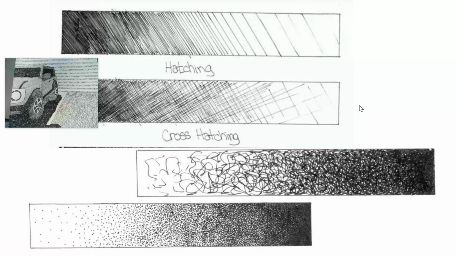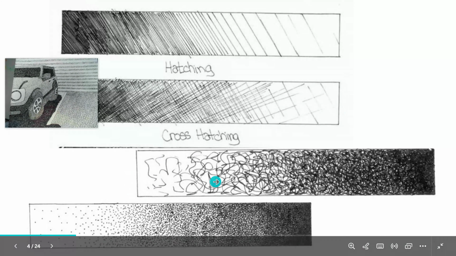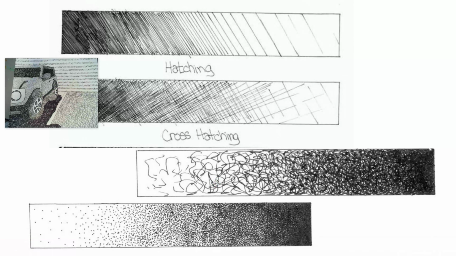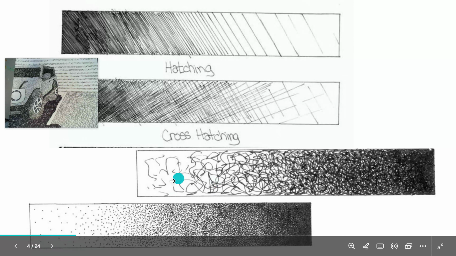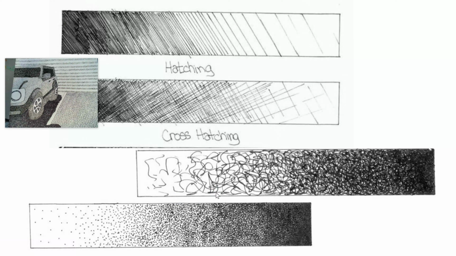And I just want you to notice a common theme with all of these values. And that is, when you create a light value, regardless of the technique, you will separate the method that you were using. So in this case, scumbling right here with all the scribbles, they have separated and created a larger gap in between each line.